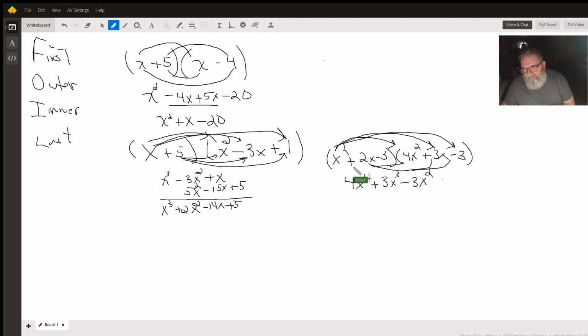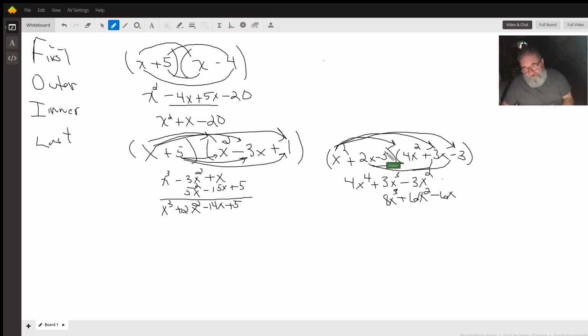This time, 2x times 4x squared gives us 8x cubed. And again, I'm putting the like terms together underneath each other. Then 2x times 3x gives me 6x squared. And 2x times negative 3 gives me negative 6x.